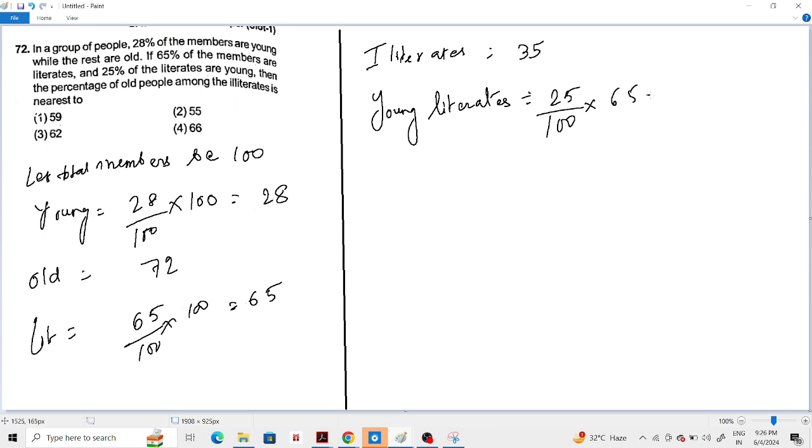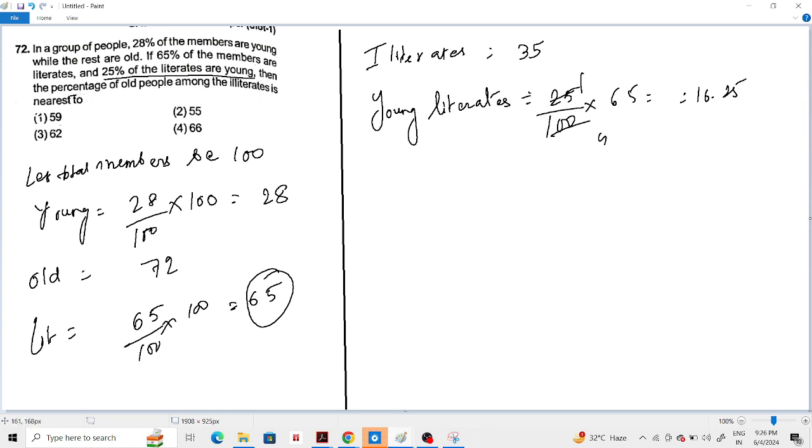So one-fourth of 65 is going to give me 16.25 young literates. So 25% of the 65 literates are young, so young literates are 16.25.